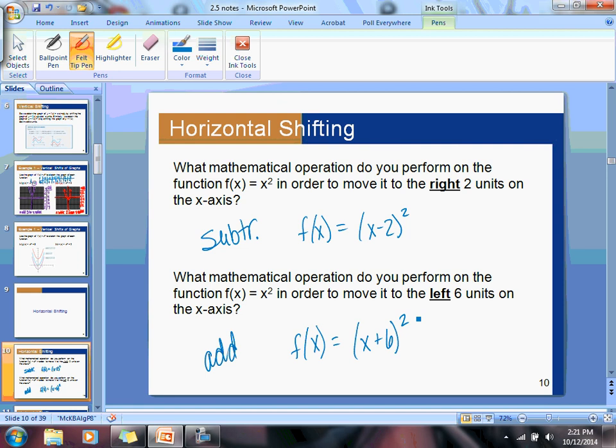So horizontal shifting is a little bit opposite of what you would intuitively expect. Instead of adding to move to the right, we subtract. And instead of subtracting to move to the left, we add. And we have to think of it as doing it to that x value. So we have to think of it as being in parentheses with our x variable.